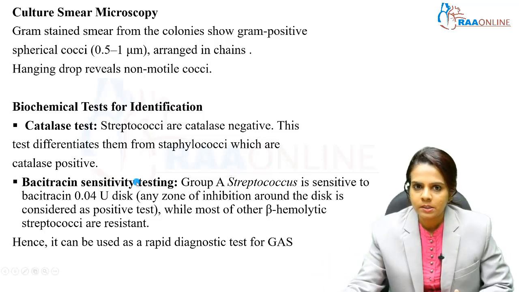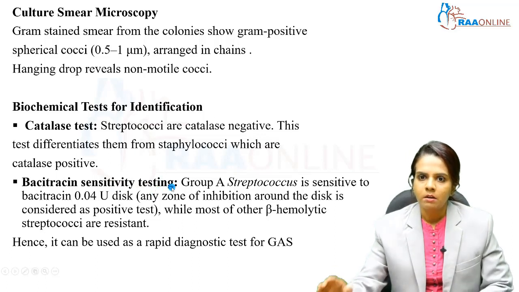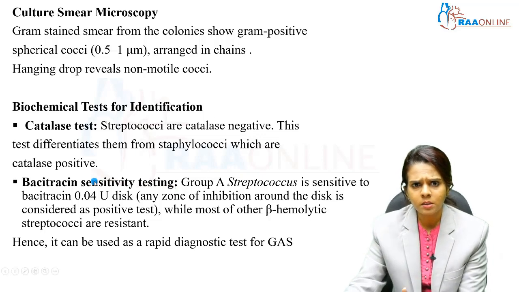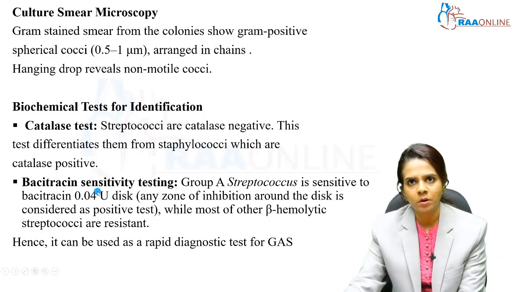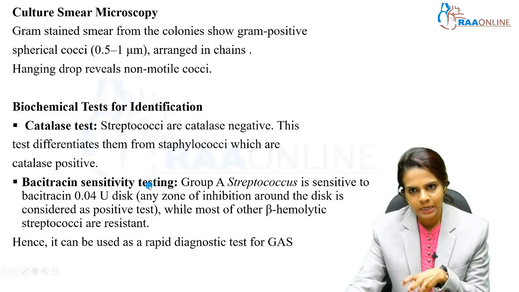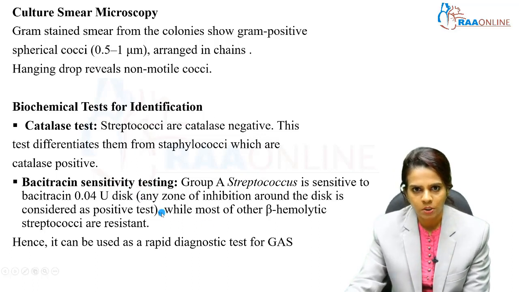And bacitracin sensitivity testing. Here group A Streptococcus is sensitive to bacitracin, that is a 0.04 unit disc. So disc strength is 0.04 unit. Any zone of inhibition seen around the disc is considered a positive test.